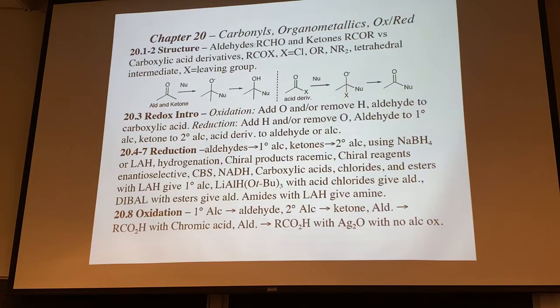Now that's with aldehydes and ketones. But with carboxylic acid derivatives, where you have an X group on the side of the carbonyl, when the nucleophile adds, you get the same tetrahedral intermediate. But look, the X group is a what? A leaving group. Under those strong basic conditions, you can bring the electrons back down and regenerate the carbonyl.